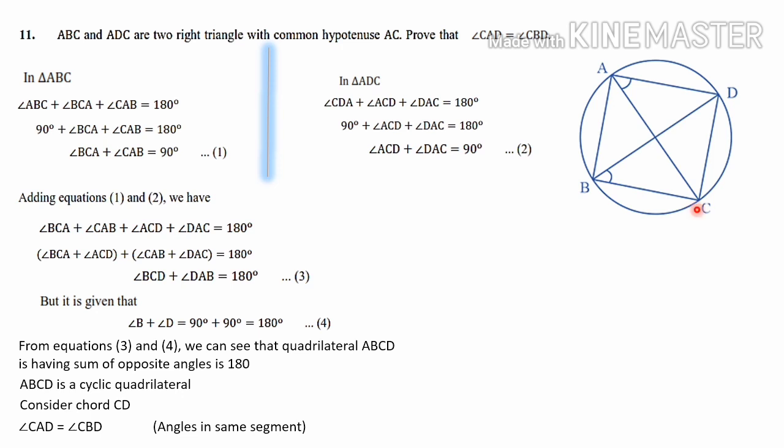It means angle CBD and angle CAD are angles on the same segment, so they are equal. So that is what we have to prove here at last: angle CAD is equal to angle CBD. So that is a proof. Hope it is clear.